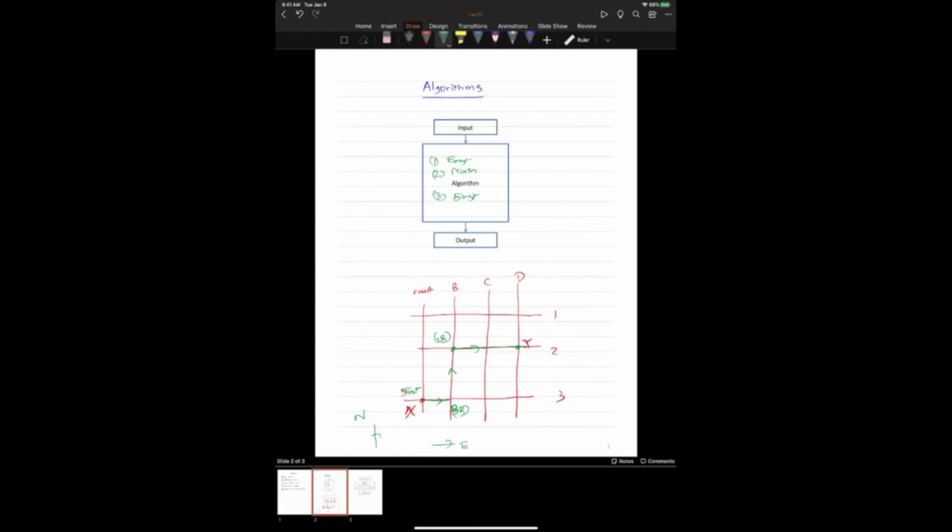So the input for this algorithm might be saying, okay, I want to go to Y. That's the destination. For this particular algorithm, this GPS guide, there's no output, but I will come to another example where there will be an output too.